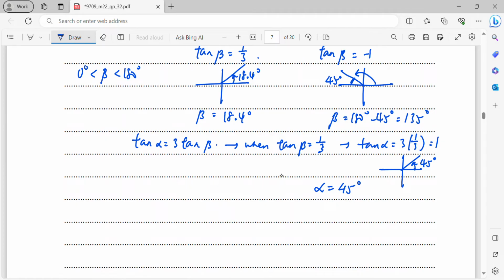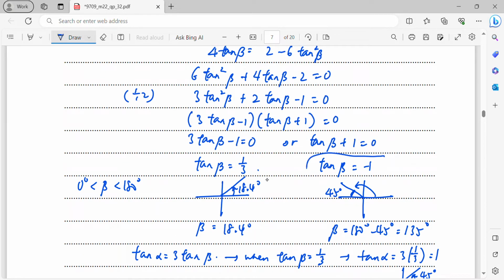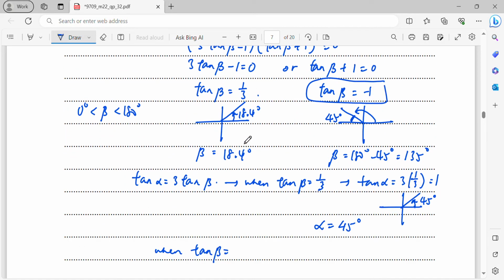Alright, and then when tangent beta equals to minus 1, then my tangent alpha is 3 times tangent beta, which means minus 3. So when minus 3, right, it is in second quadrant, and when you take the inverse tangent 3, you will be getting 71.6 degrees.